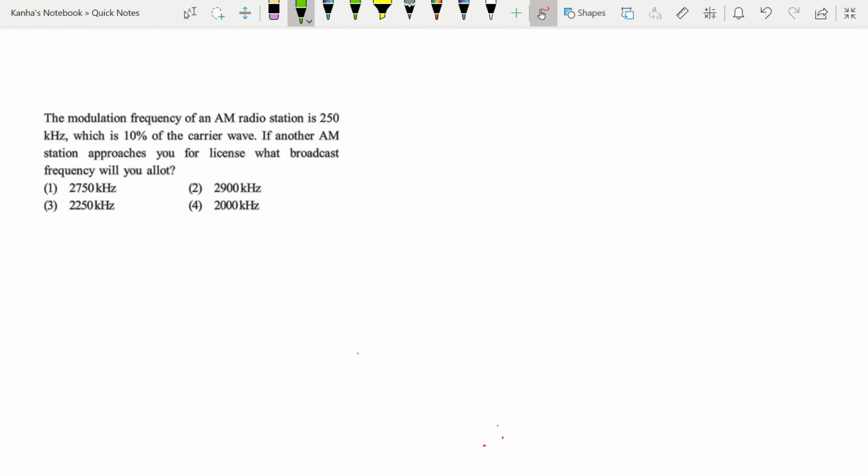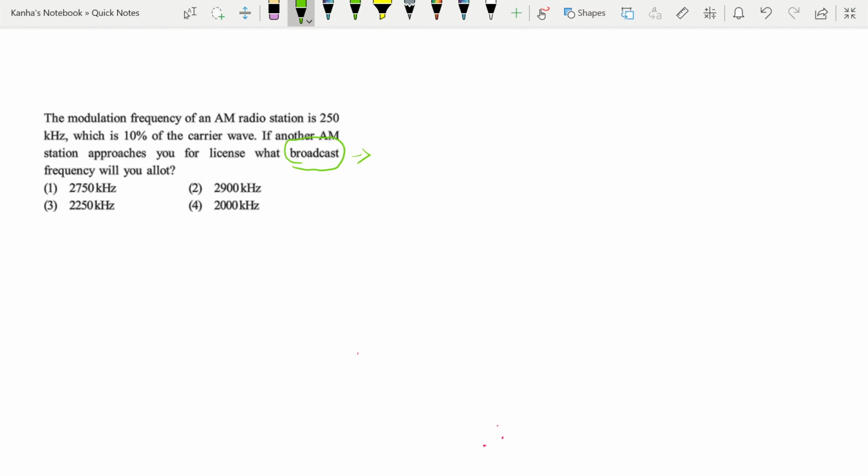So in the next question, the modulation frequency of an AM radio station is given as 250 kHz, which is 10% of the carrier wave. If another AM station approaches you for a license, what broadcast frequency will you allot? The broadcast frequency that you allot should be done in such a way that the two carrier waves do not superimpose on each other. So how do we approach this question?